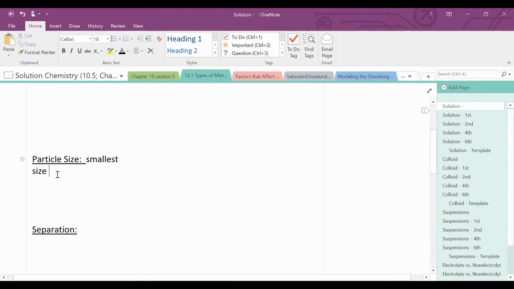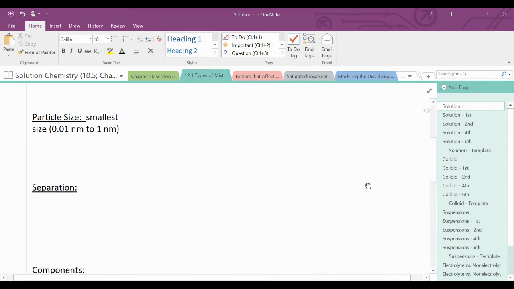And what I mean by this is it's 0.01 nanometers to an actual 1 nanometer size. So in other words, when you look at it, you can't see those individual particles. They're just too small to see with the naked eye.